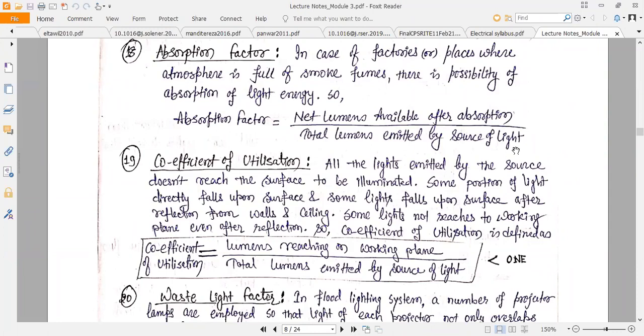Suppose a source of light is emitting 100 lumens, and when it reaches the particular object, only 80 lumens reach that object. So this absorption factor is 80 divided by 100, that is 0.8. Clear? What is the meaning of this absorption factor?